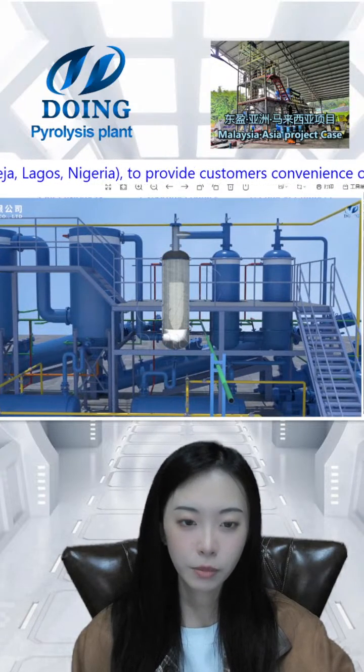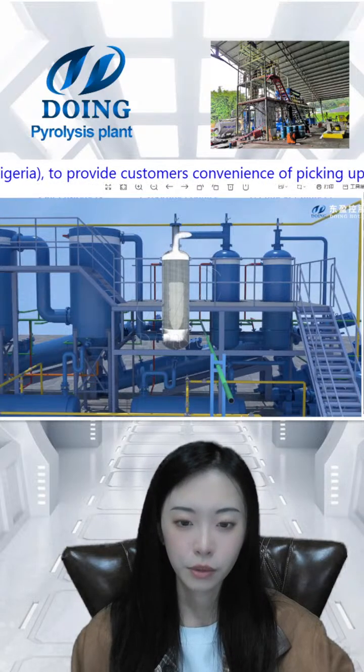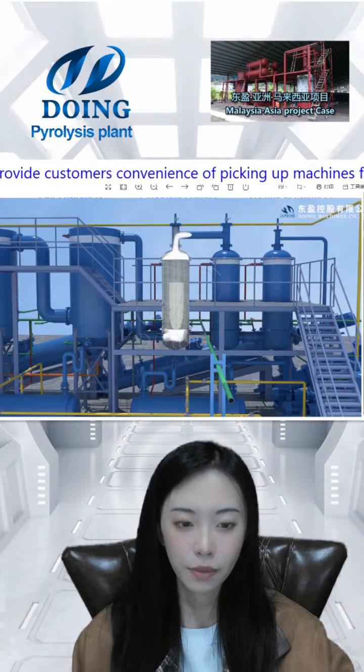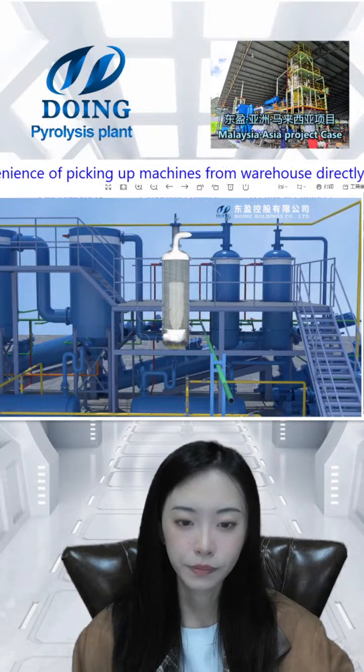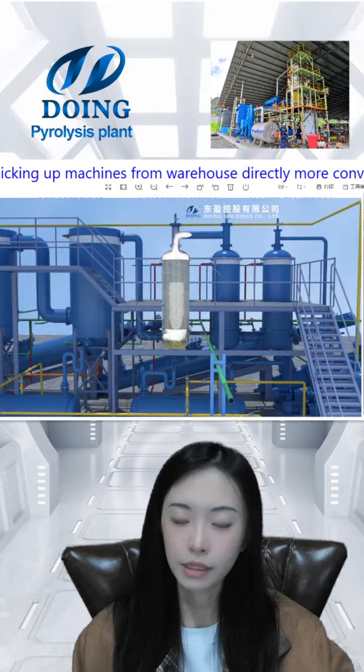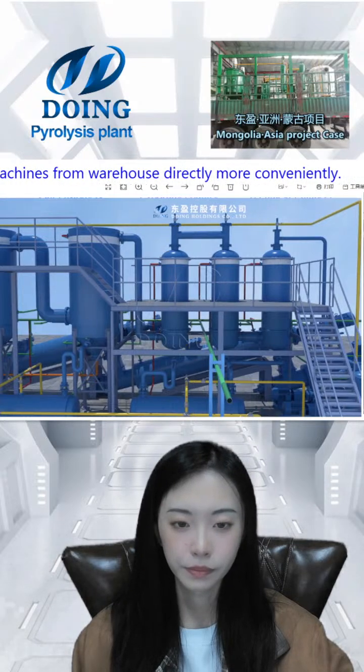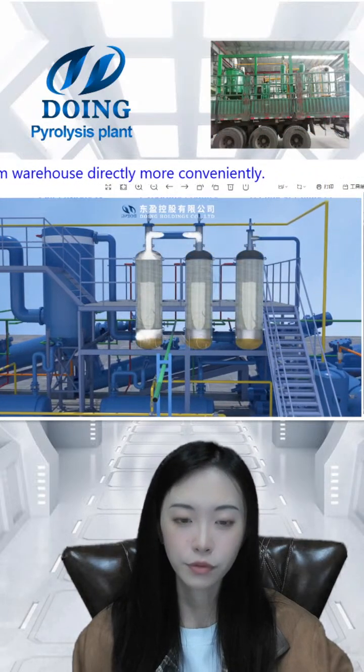And next we come to the vertical condensers, which are used to increase the cooling area and ensure that all the oil gas is cooled down. They have several types inside. We have 3 of them.